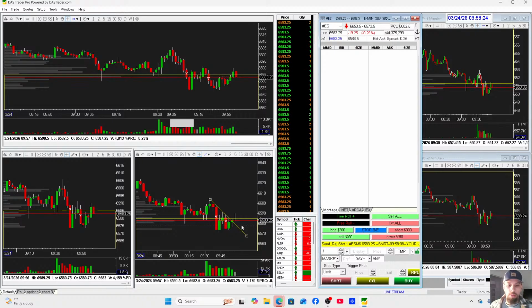I really like this 3 minutes so far. 9:57. Okay, I can't add to my position. I tried to add another contract. That's a bummer. Boat would have been loaded then, but I don't have enough buying power. So, still in this trade.